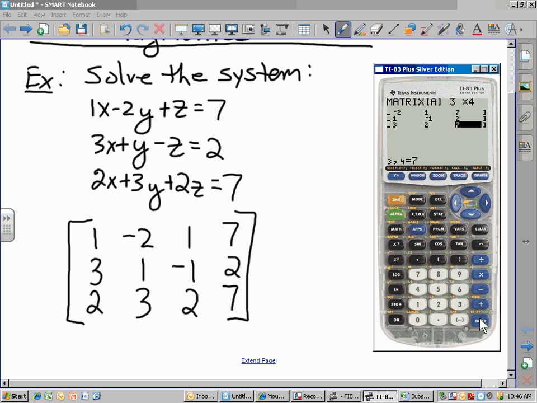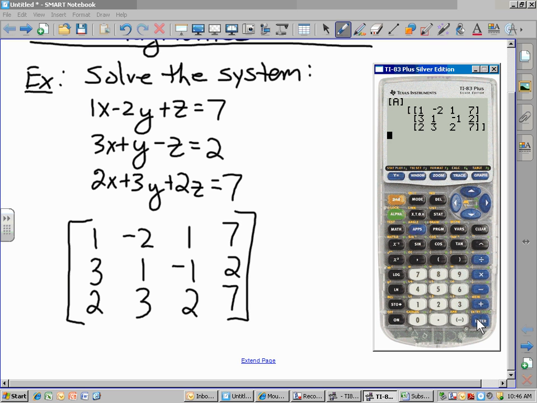Once you have that entered, we're going to go back to the home screen by hitting second mode, which is the quit button. We're going to make sure we entered it in correctly, so I'm going to hit second matrix, enter on number 1, the matrix, and hit enter again, and you should see the correct numbers: 1, -2, 1, 7, 3, 1, -1, 2, and 2, 3, 2, 7. So we have our matrix in correctly.